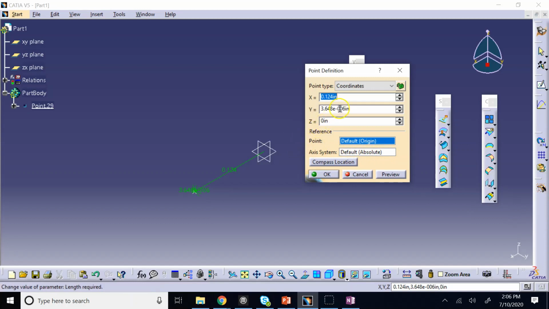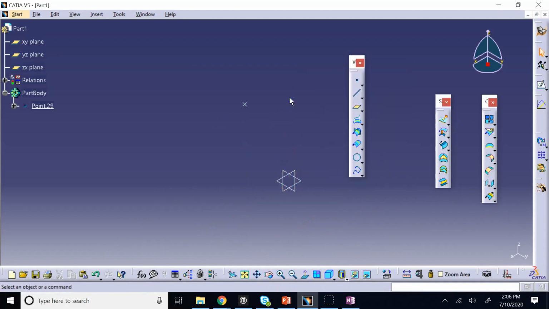So I am defining my X, Y, and Z coordinates with respect to the absolute XYZ system, right? No problem. But as I said, you can create a secondary coordinate frame.